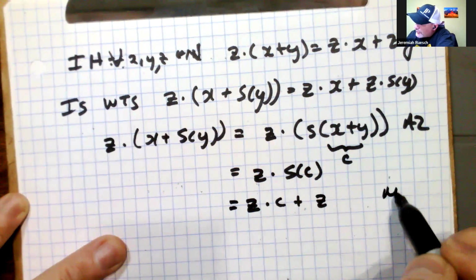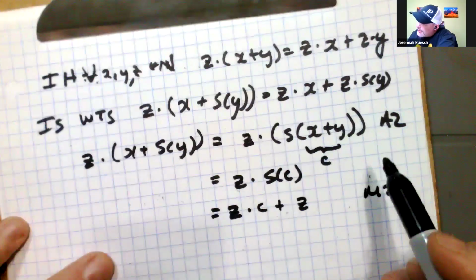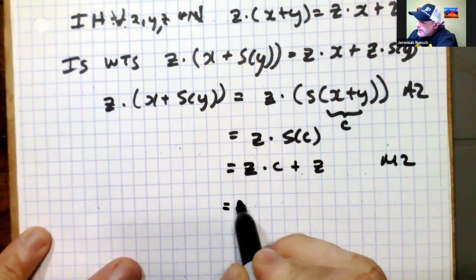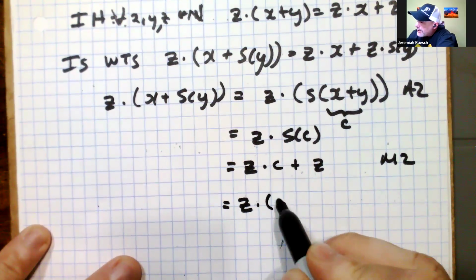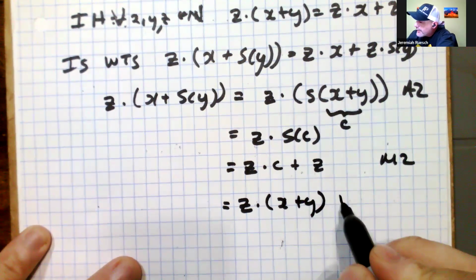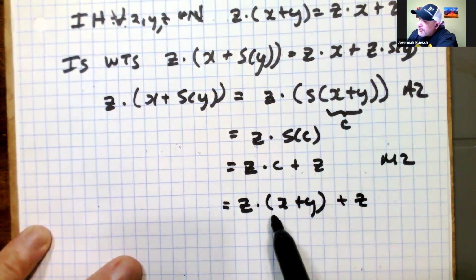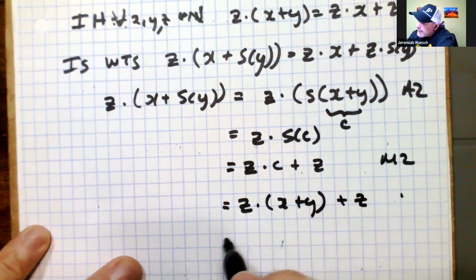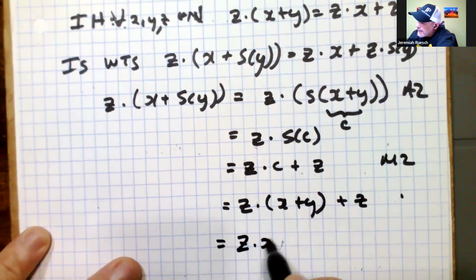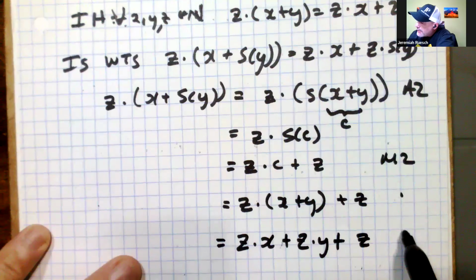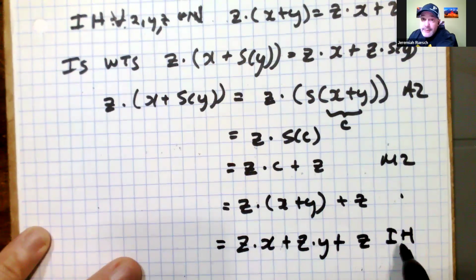Okay, and that's by m2. Okay, all right, and then remember c was x plus y, of course, and that was plus z. Okay, so that's just resubstituting, and then by the induction hypothesis, then of course I can write this as z times x plus z times y plus z by the induction hypothesis.